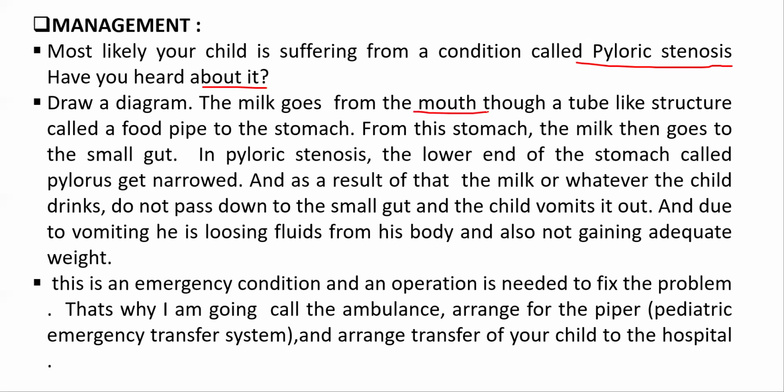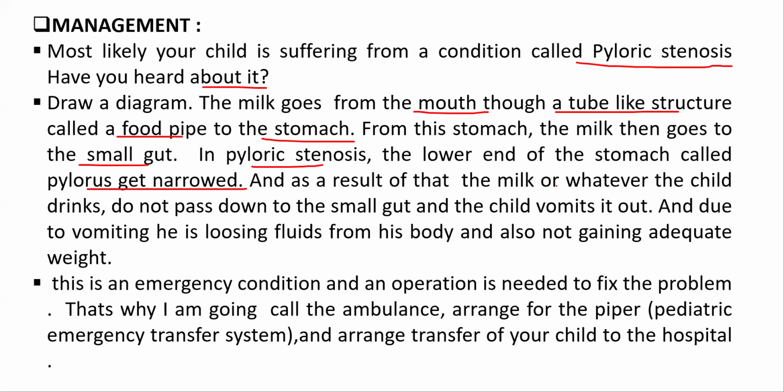The milk goes from the mouth through a tube-like structure called the food pipe, and from the food pipe, milk reaches the stomach. From the stomach, milk then goes to the small gut and then to the large gut. In pyloric stenosis, the lower end of the stomach, called the pylorus, gets narrowed.